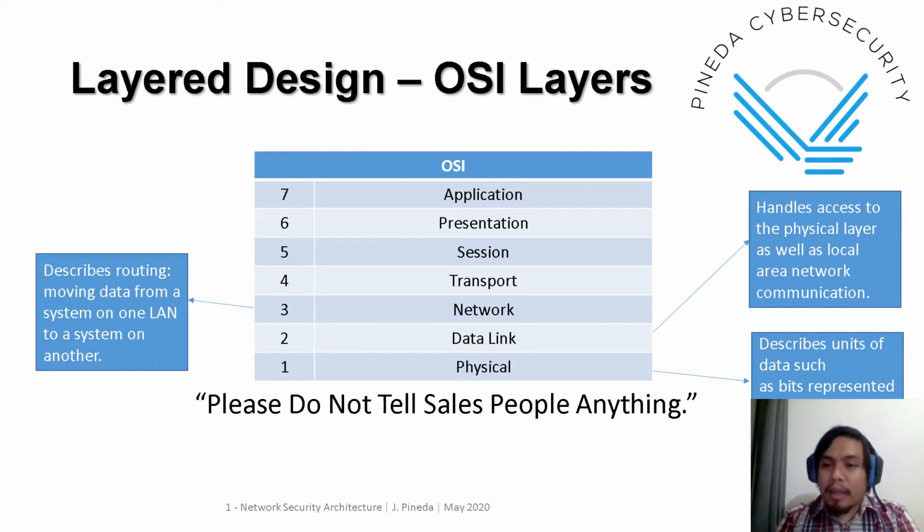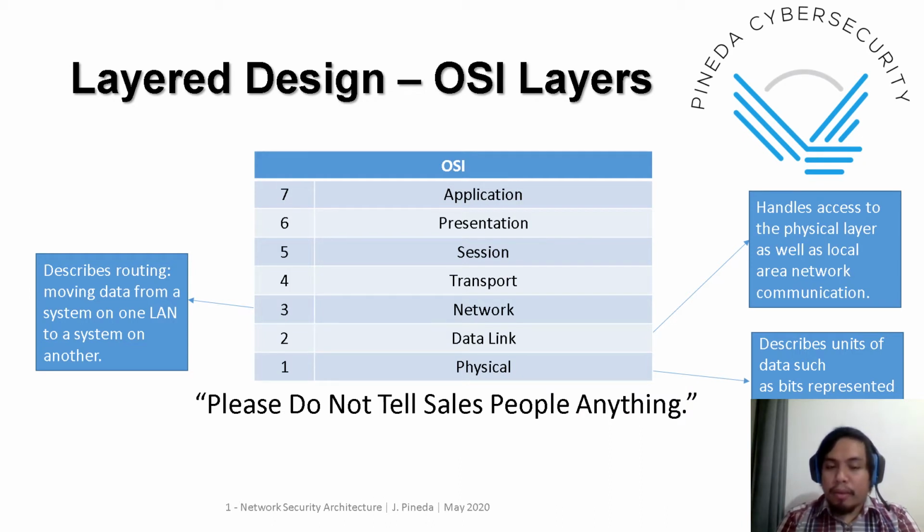For data link, it handles access to the physical as well as local area network communication. This is the layer that has connection to both hardware and software. There's a logical link control, which interfaces with the software, and the MAC, or the media access control, which interfaces with the hardware.